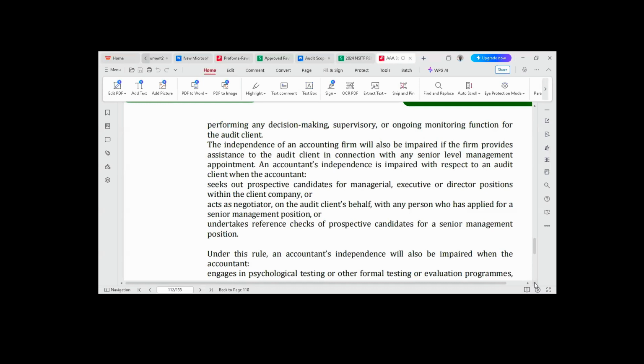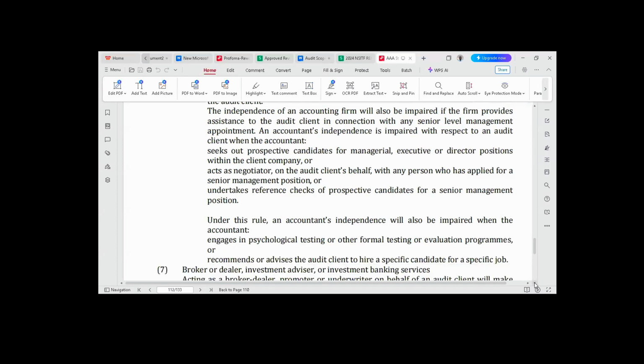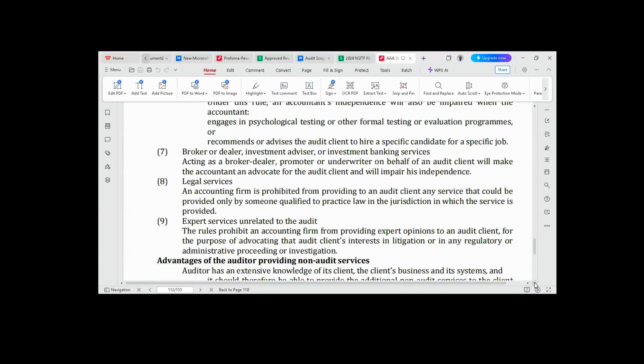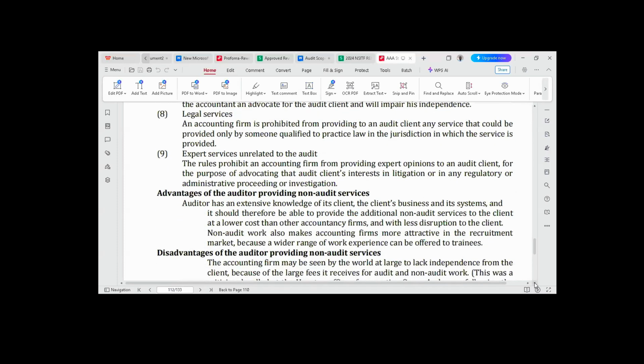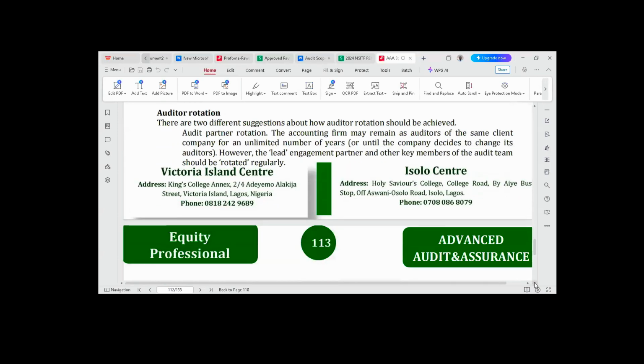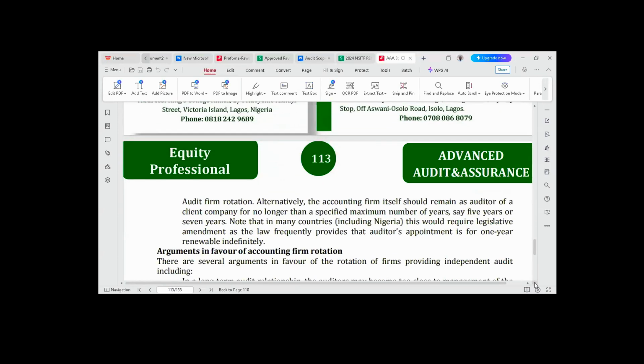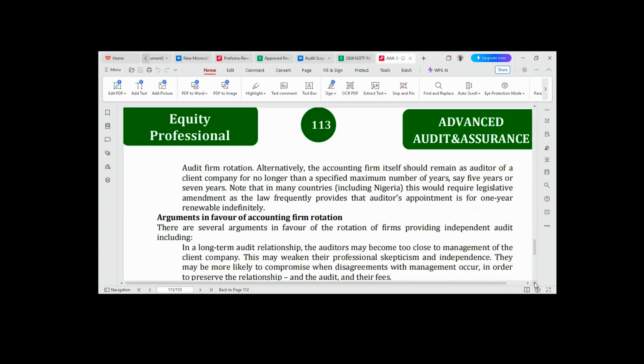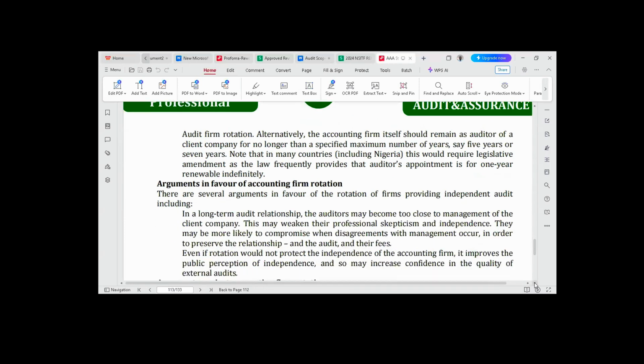There's no limitation in that regard. I hope you understand what I'm saying. So all of these are measures put in place to safeguard the auditor's independence.